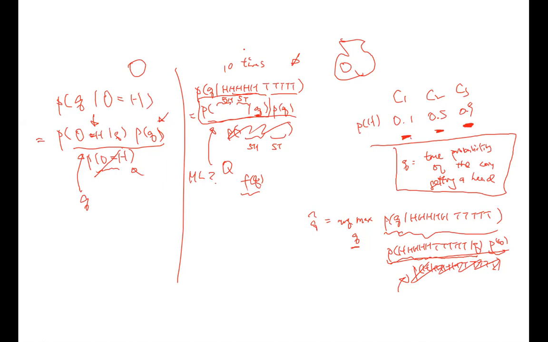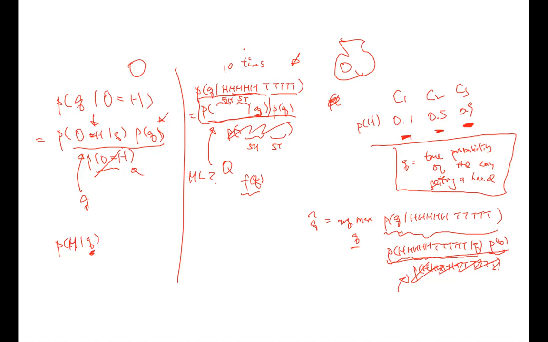Say I have 5 heads and 5 tails, right? So let's say I just have one head. This will probably resolve some confusion: Q here is the true probability of getting a head.